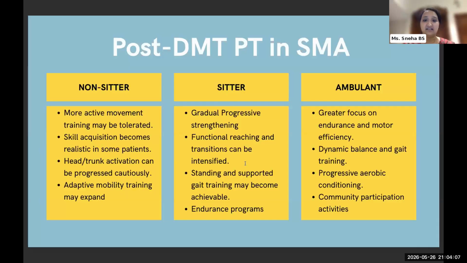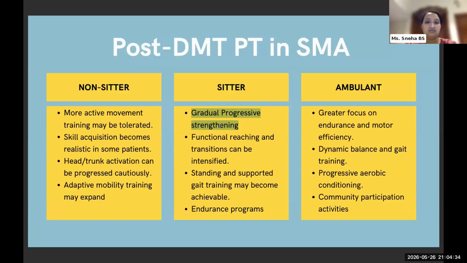The non-sitters and sitters, SMA type 2, essentially, many of our children are actually ambulating. So yes, the more carefully you tread in the pre-DMT phase, post-DMT you can definitely take it up a notch. Gradual is the key word here, because again, as I said, fatigue doesn't go away. It's just delayed.